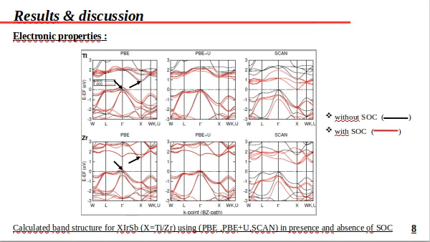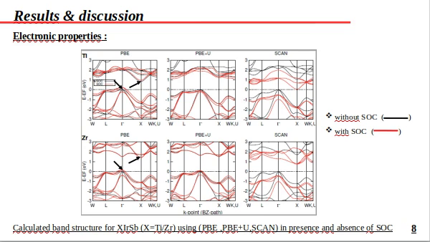So for all approximations, the calculations show that the XARSb compounds are indirect semiconductors, as the valence band maximum and the conduction band minimum are located at different high symmetry points in the first Brillouin zone. And the results agree well with the previous works.